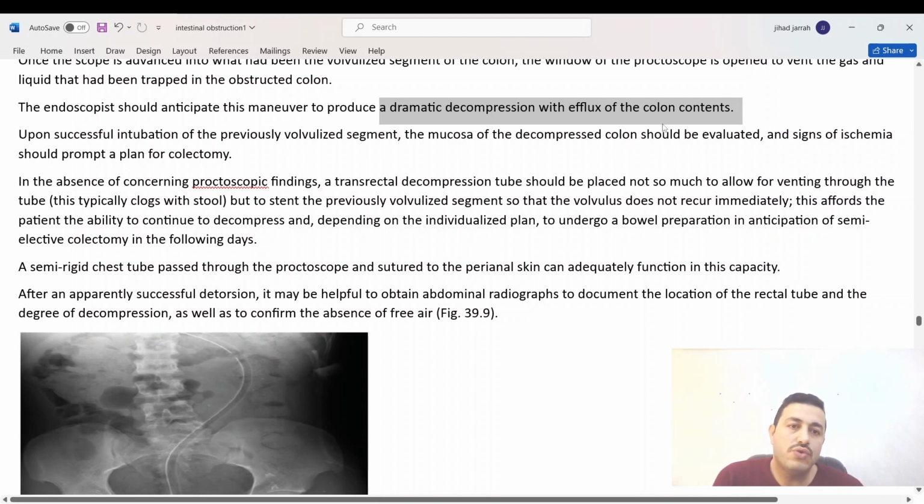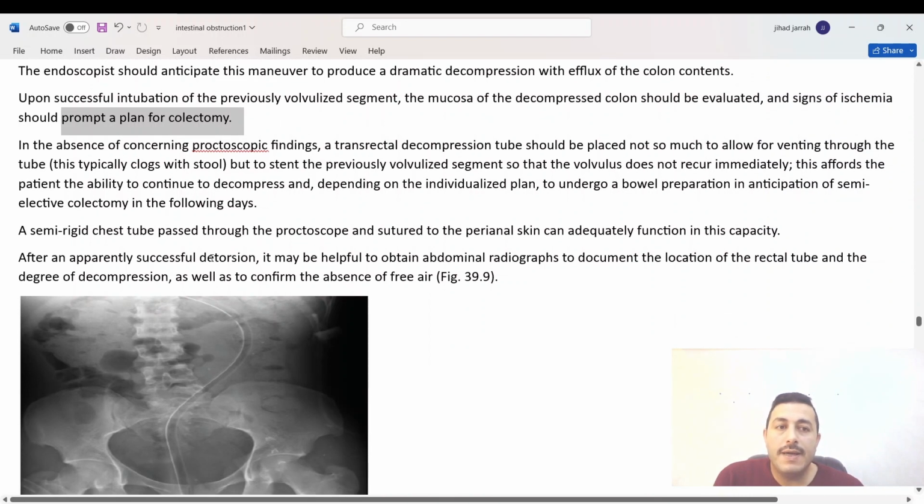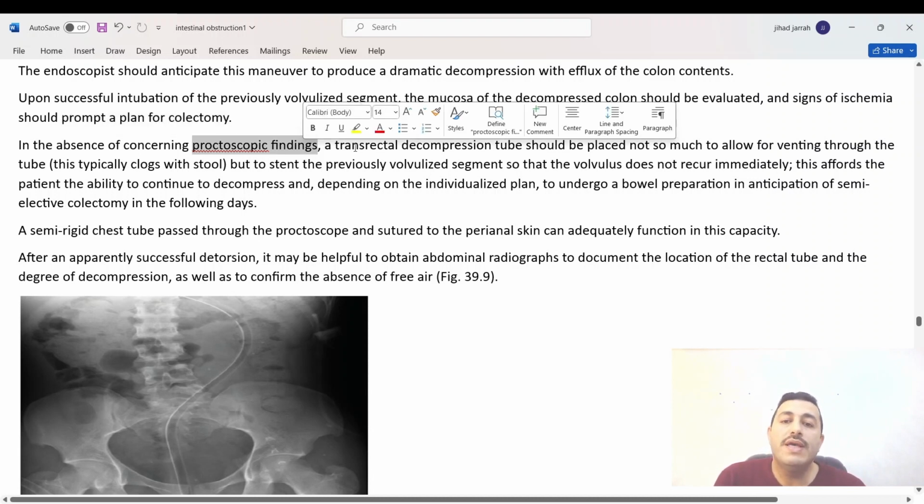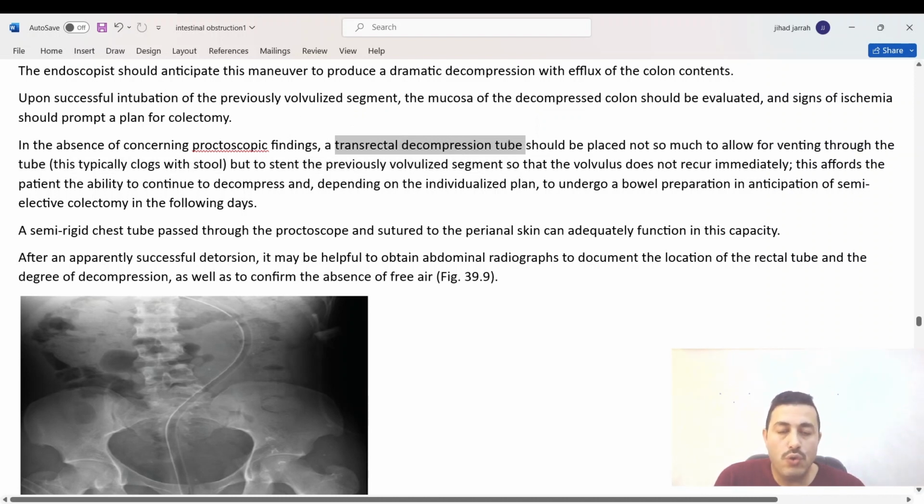Of course, we have to check for signs of ischemia. If there is sign of ischemia, we have to proceed for colectomy. Okay, if there is no sign of ischemia, we reach successful detorsion, so we proceed for a transrectal decompression tube.